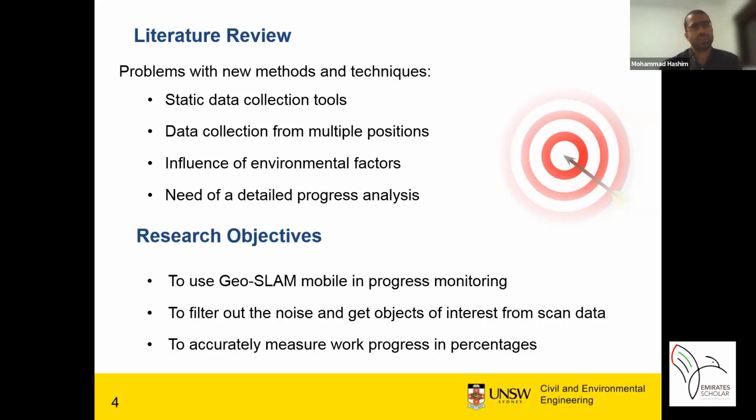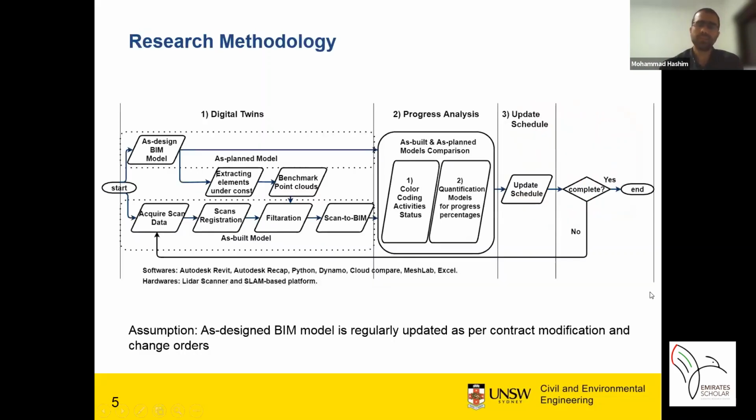Based on these issues, we set our objectives: use a mobile scanner instead of static ones, filter out the noise and get the objects of interest from the scan data effectively, and measure the progress of work accurately in terms of percentages.